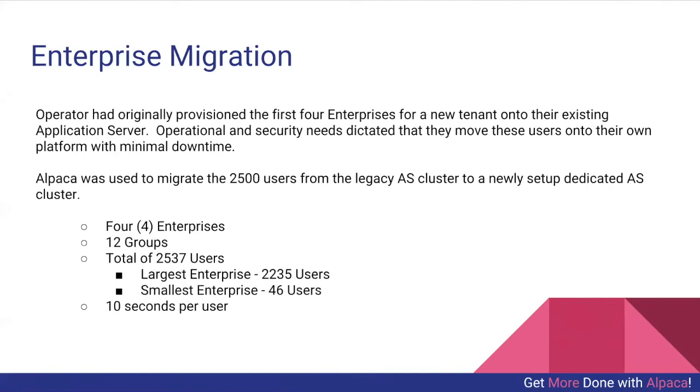How big is the network between the source, the destination, and the Alpaca server? In this case, it was a fast network, low latency, so on and so forth. If you have a slow network or overburdened servers, either on the source or the destination, or if your servers are very far apart, then it's going to take a little bit longer. But as a benchmark, 10 seconds per user is pretty clear.